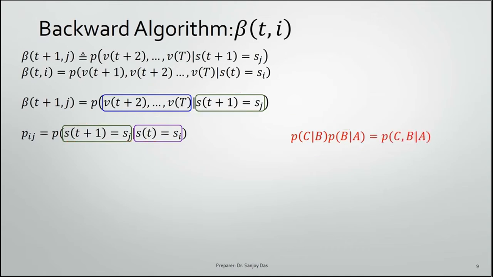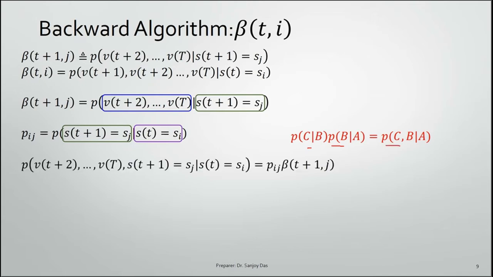So the product from Bayes' rule gives you this. Probability of C given B times probability of B given A equals probability of C comma B given A, which is equal to this expression here: probability of V_{t+2} until V_T, comma S_{t+1} equals S_j given S_t equals S_i.